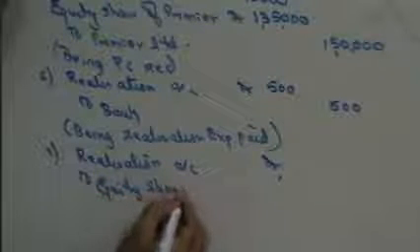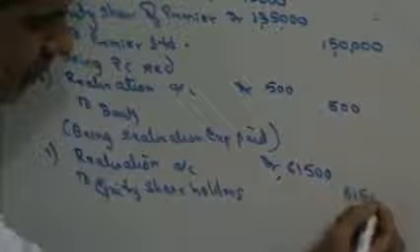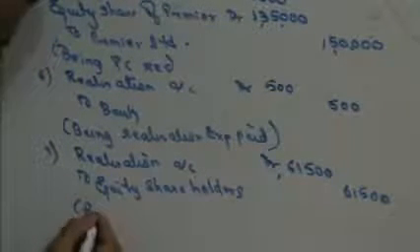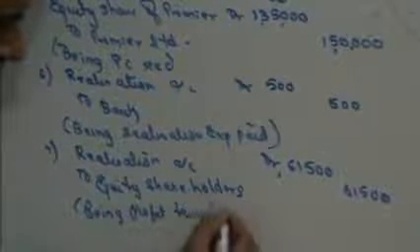Now in that case, realization account debit to equity shareholder. Amount is 61,500. Being profit transfer to equity shareholders.